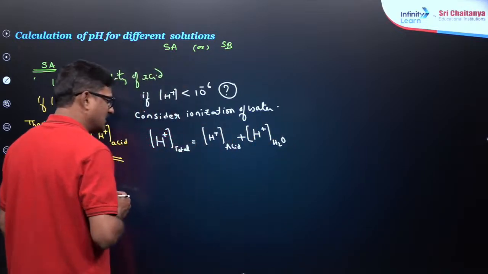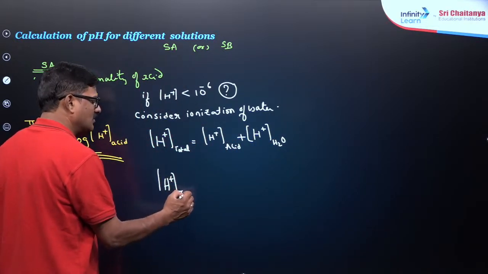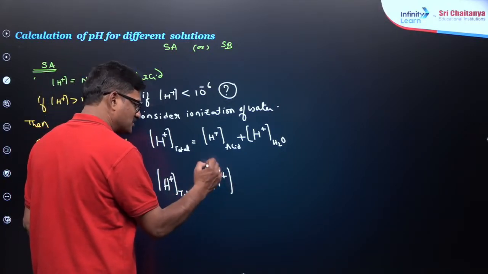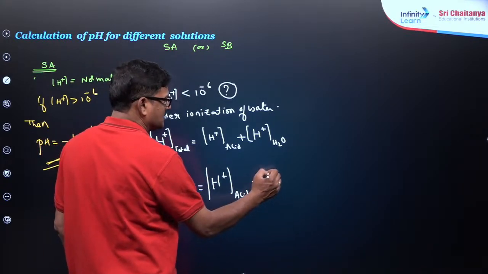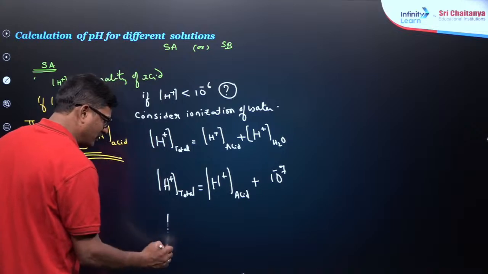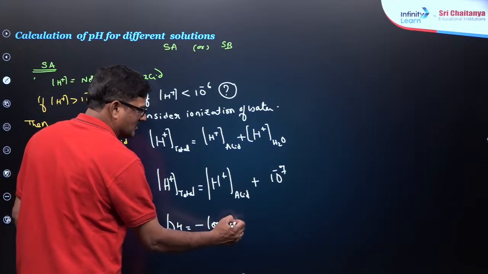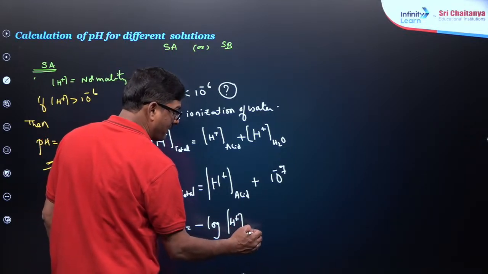So H plus ion concentration total is equal to H plus ion concentration given by the acid plus 10 power minus 7 लेना चाहता हूँ. So that pH is going to be negative logarithm to the base 10 of H plus ion concentration total.